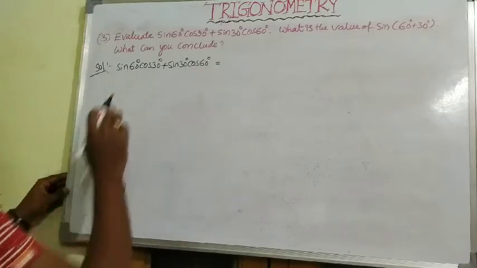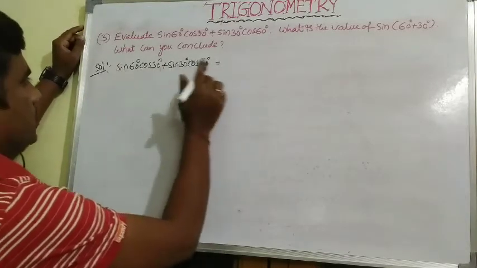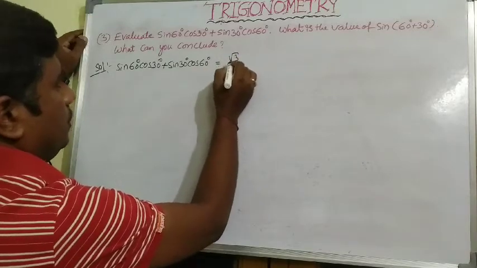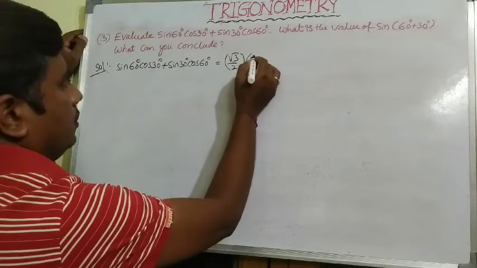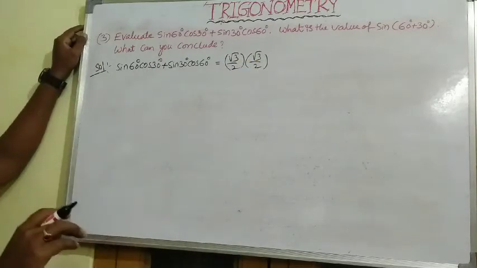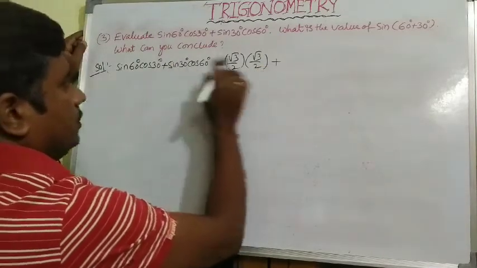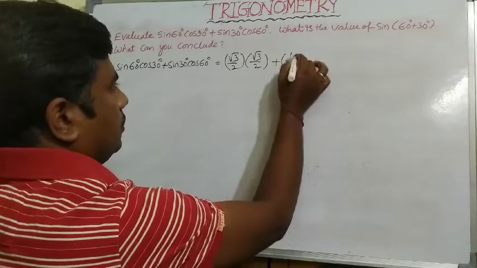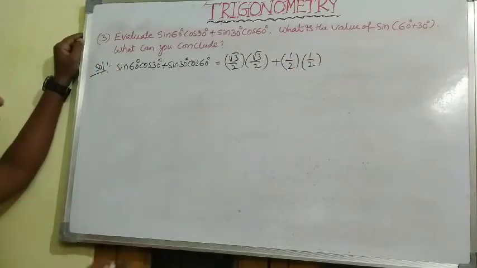So here these values we have to substitute. Sin 60 value is what? Root 3 by 2, into cos 30 value, the same, root 3 by 2. Sin 60 and cos 30 values are equal. Next, plus sin 30 value 1 by 2, into cos 60 value, also 1 by 2. These two values are equal.